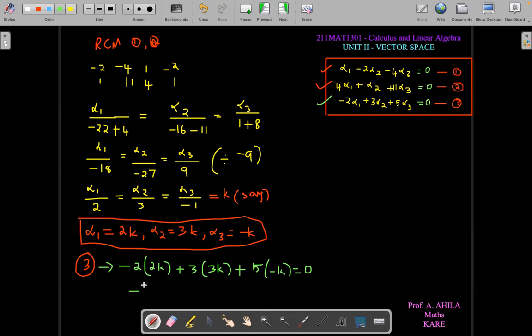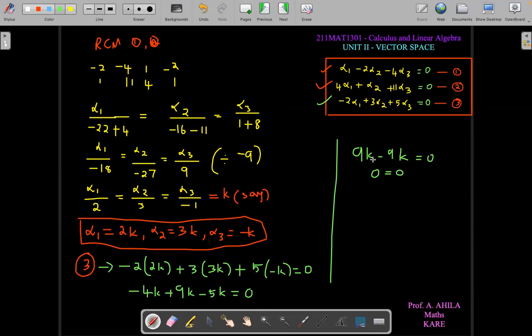So I get minus 4k plus 9k minus 5k equals 0. The left hand side minus 4k minus 5k is minus 9k, so I get 9k minus 9k equals 0. The left hand side also is going 0, irrespective of this k value.